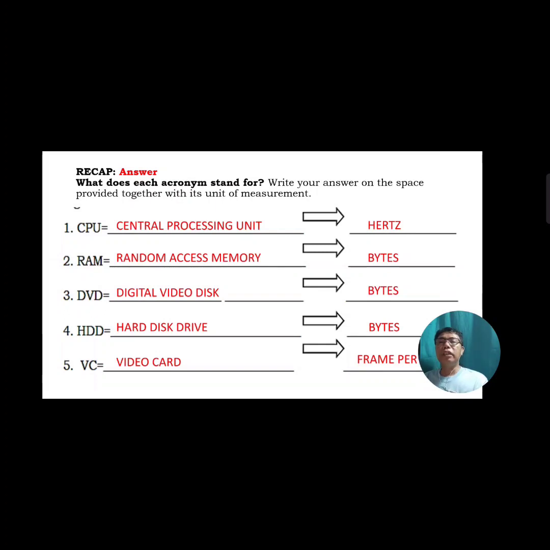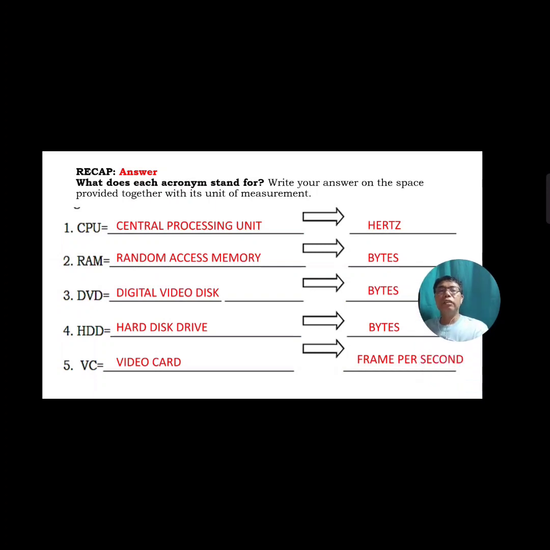Number 3, DVD or Digital Video Disc. The unit of measurement is bytes. Number 4, the HDD or the hard disk drive. The unit is bytes. And number 5, VC is known as the video card. The unit is frames per second.